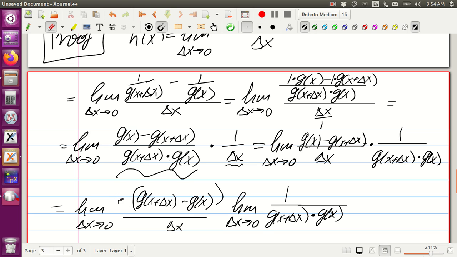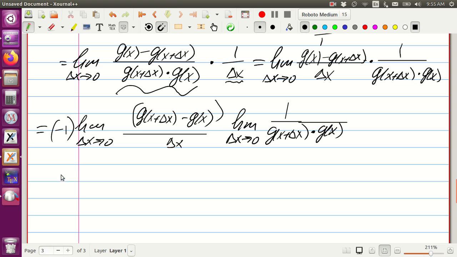So basically I can take this minus and put this minus 1 up front. All right. So what I did, I factored out minus 1, I switched the order, and now this is exactly g prime. So we have minus 1 times g prime of x times, and now we calculate this limit at the end. And we're going to use direct substitution.